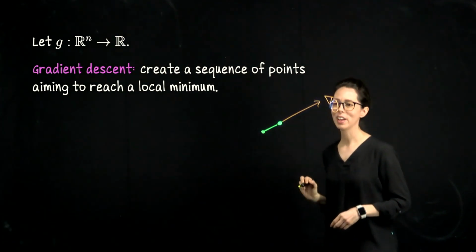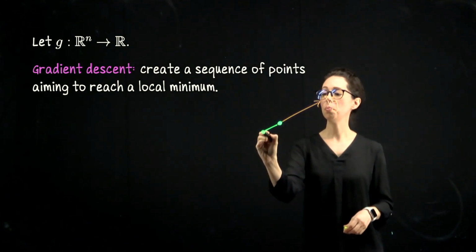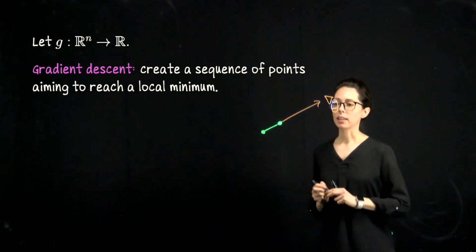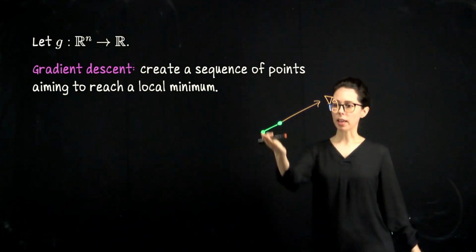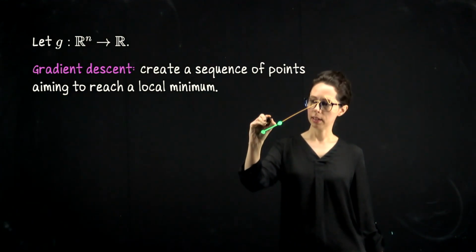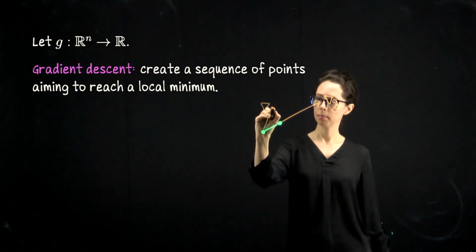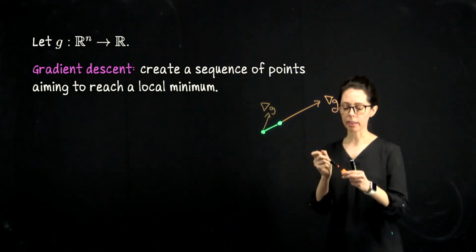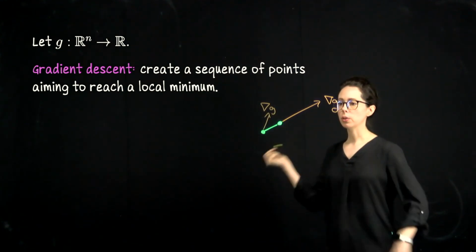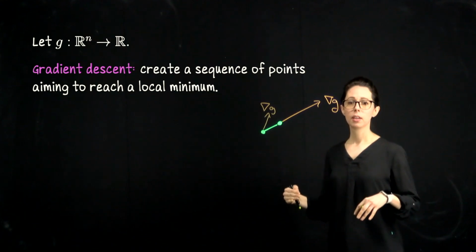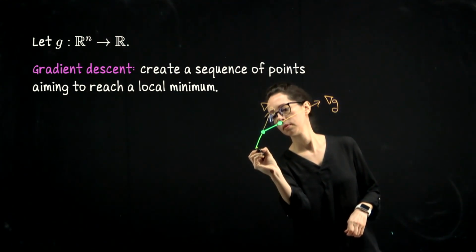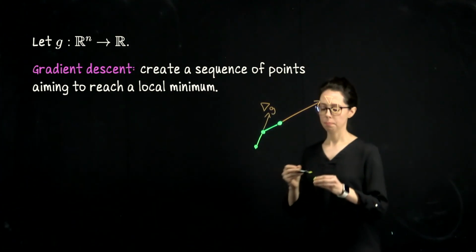Okay, so there is a new point where we can reassess. Again, let's say that the gradient of G evaluated at this point is this vector. It's pointing in a different direction than it did here, and it's also a shorter length. But what I'm going to do is say, okay, I want to go down. So let me go in the direction opposite the gradient, like that.